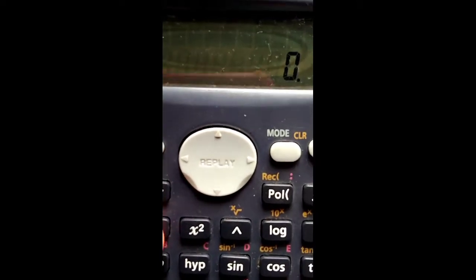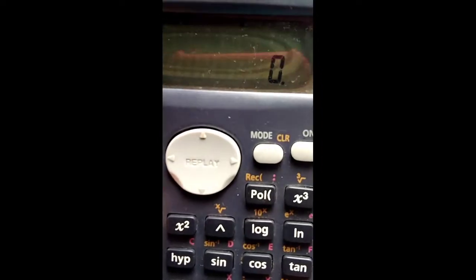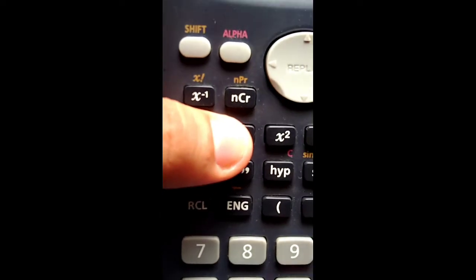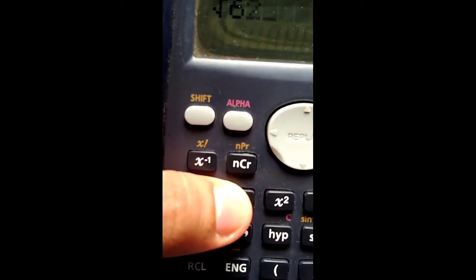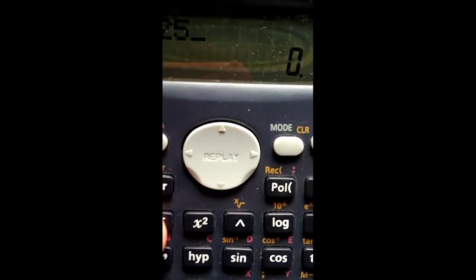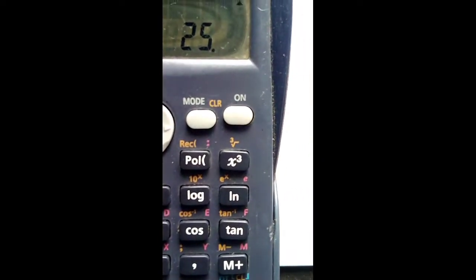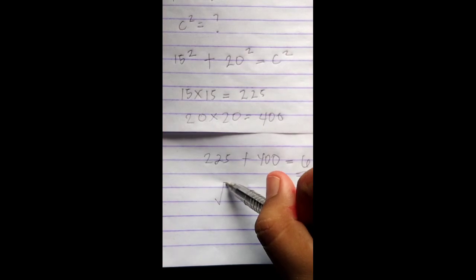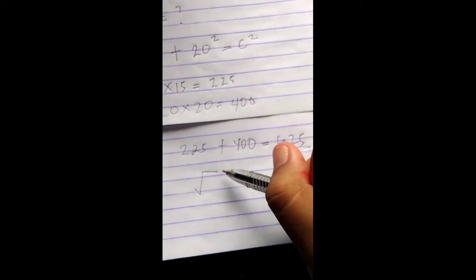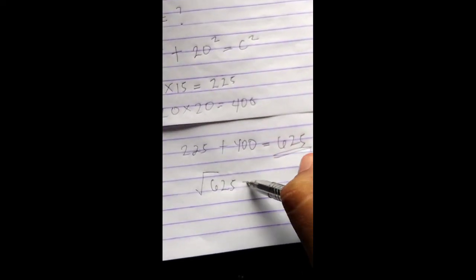The square root of 625 is equal to 25. So the hypotenuse of Jonard's broken coconut tree is 25.